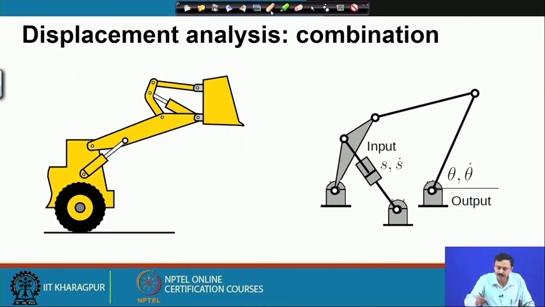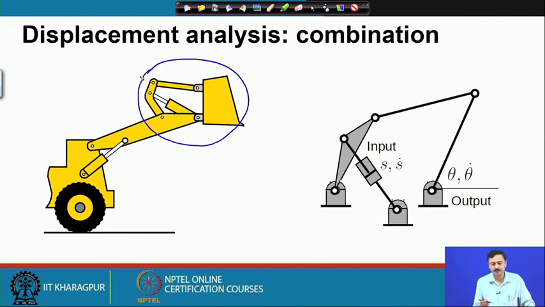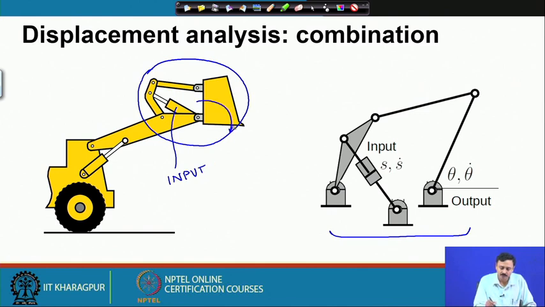You can see here that if you focus on this part of the mechanism, it is akin to this kinematic chain, where the input is the prismatic actuator and output is the angular motion of the bin.